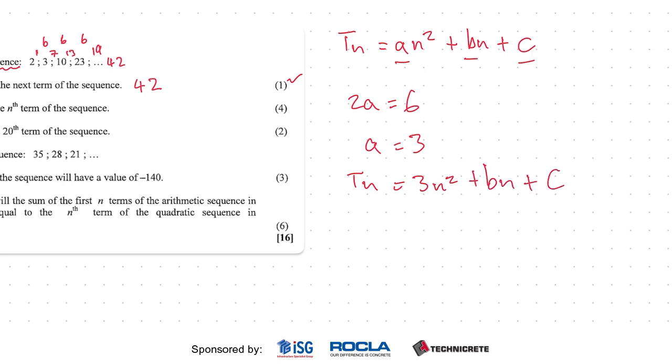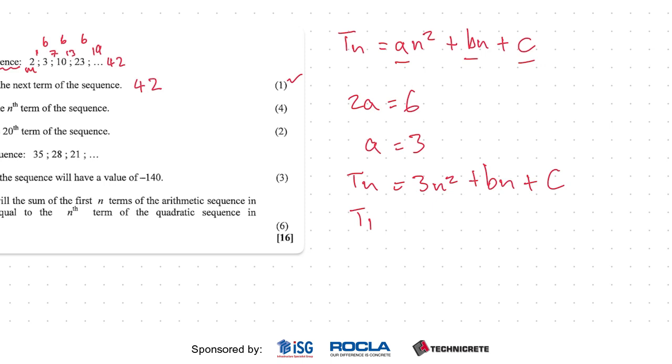Now there's a couple of different ways you can try to figure out B and C from here. You can, for example, substitute in some values. This is a bit of a longer way, but it is maybe easier to see. So you can just substitute in the first term. We know the first term equals 2.